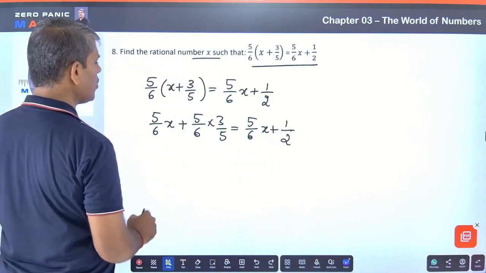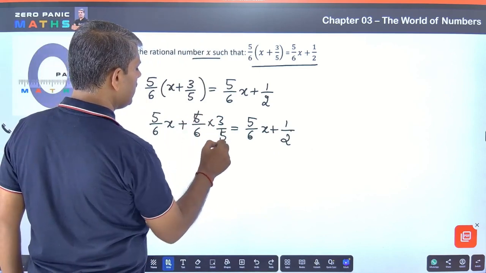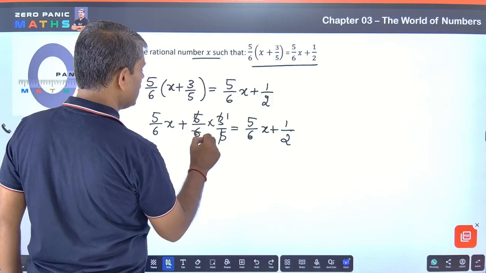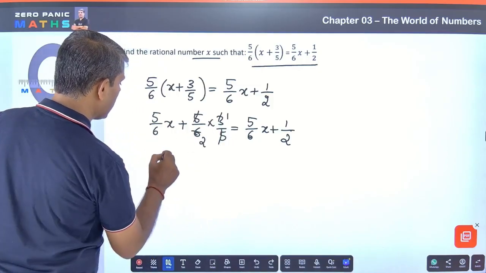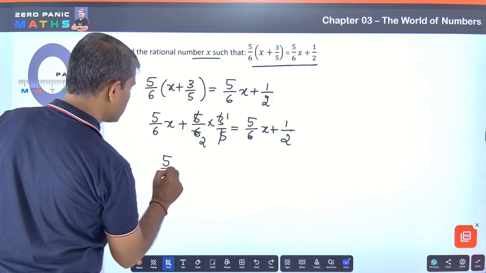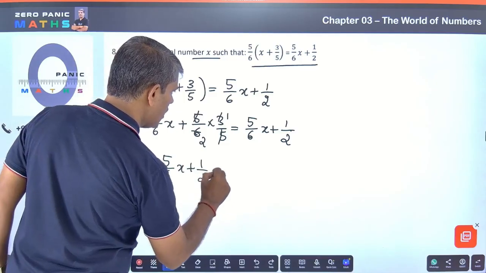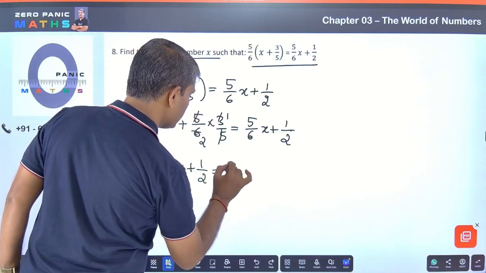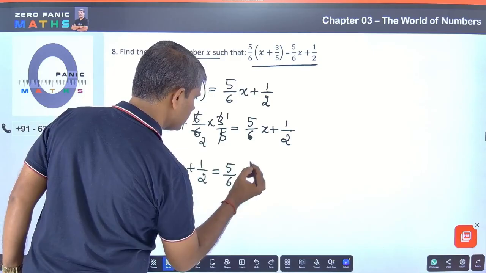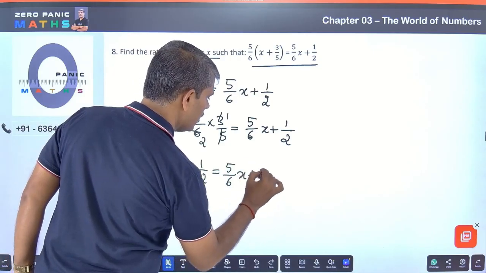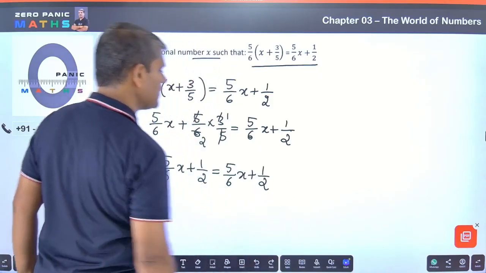Now as I already told, 5 here will get cancelled, and 3 ones are 3 twos will get cancelled, and what remains here is 5 by 6 x plus half is equal to 5 by 6 into x and plus half.